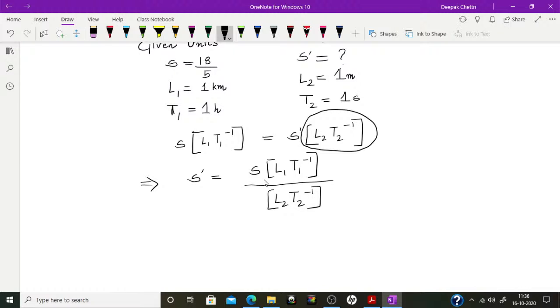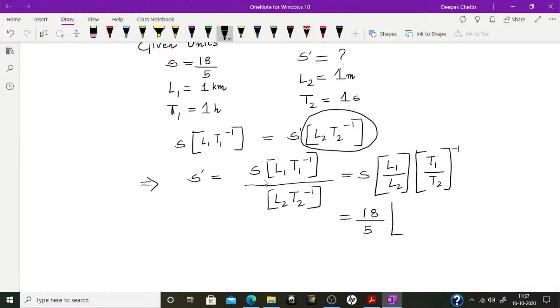Next line will be S, I can group the L together and T together, so L1 by L2, and another term will be T1 by T2, but there is a power for both of them and the common power is minus 1. Okay, I hope it's clear so far. Now the value of S from here is 18 by 5. L1, what is L1? 1 kilometer.